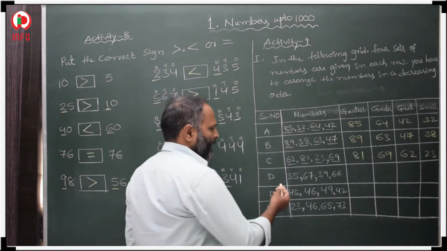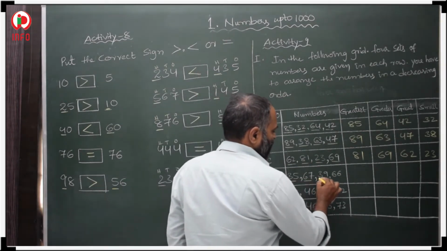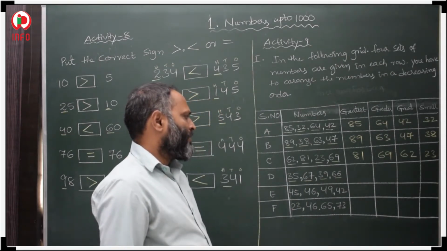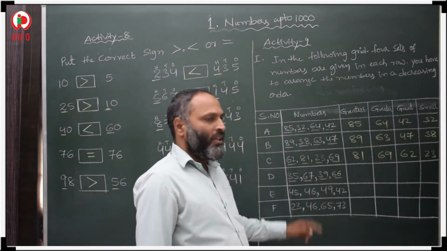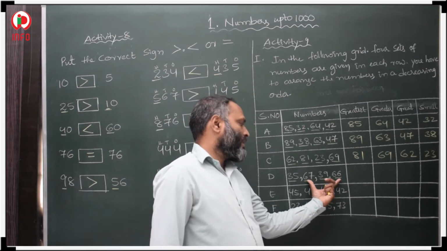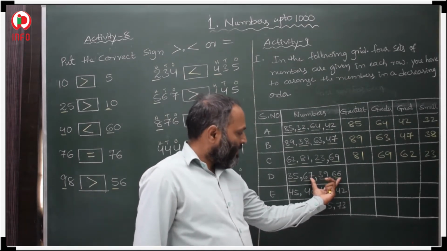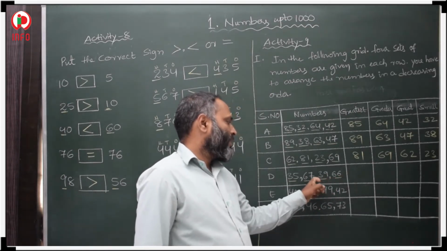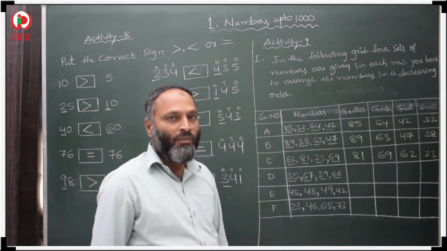Now in this, 4 numbers are given, and we have to decide which one is bigger: 67, 66, 35, 39. In this we have 6, 6 in the tens place, and we decide which one is greater. By checking the ones digit, 7 is here and 6 is here. Between 6 and 7, 7 is bigger, so 67 will come first. Why?